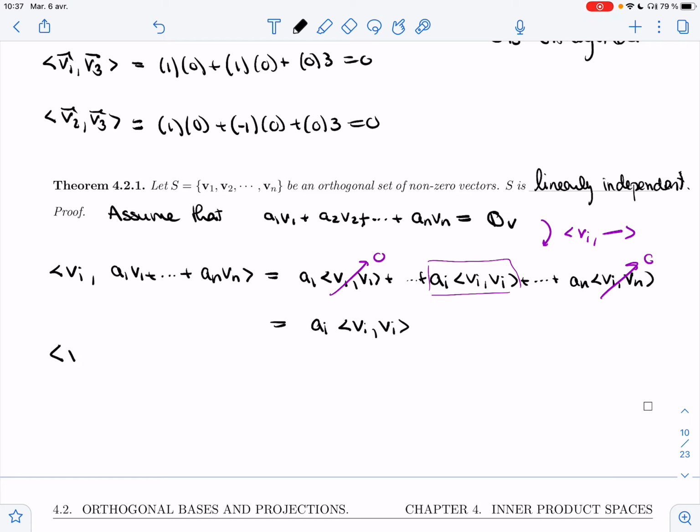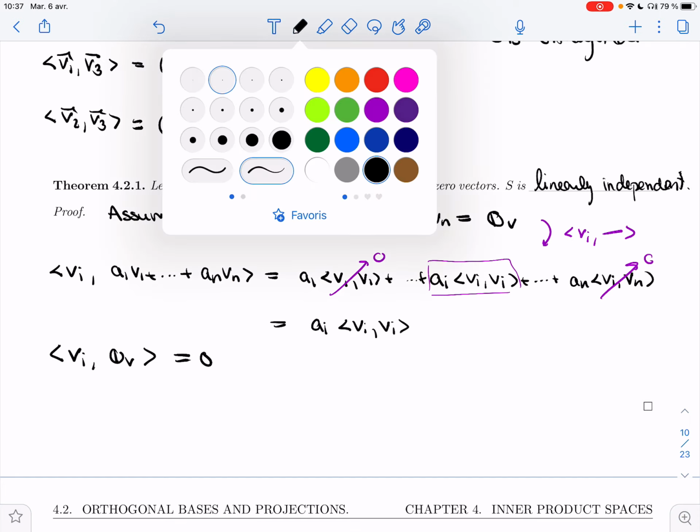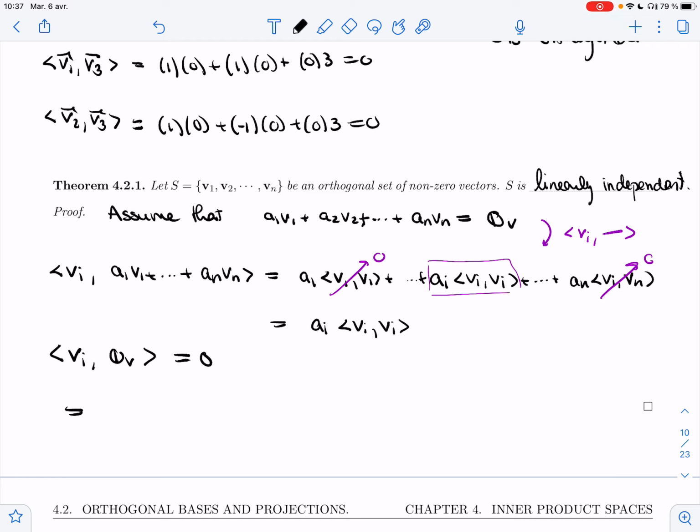And on the other side, I know that this is 0, and so I get vi dot 0, which is 0. And so we know that ai times vi dot vi is equal to 0. But I have non-zero vectors, and so vi dot vi isn't allowed to be 0.